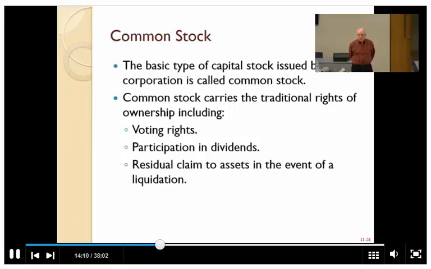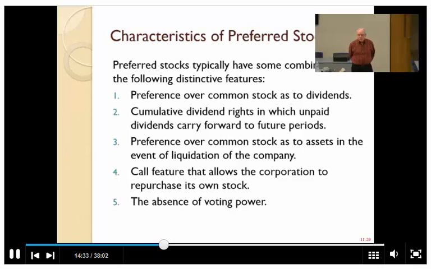And in the event that the company goes out of business, the assets will be converted to cash, the liabilities will be paid, and then whatever is left will go to the common stockholders based on their percentage of ownership. All right, now, there's also a preferred stock.